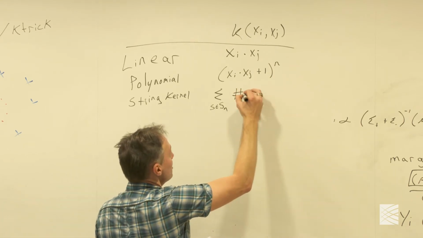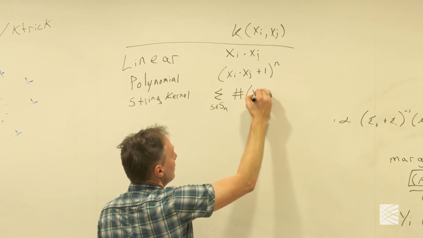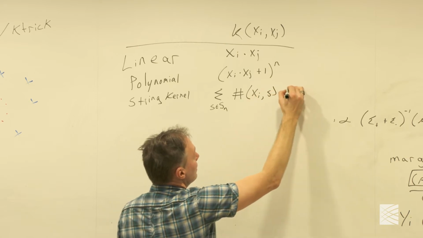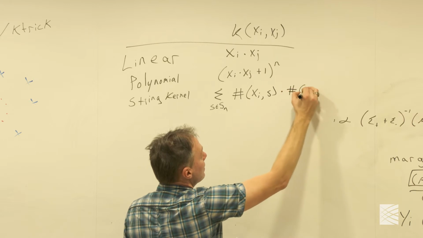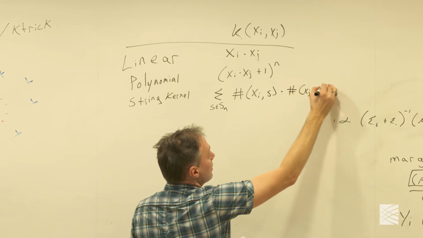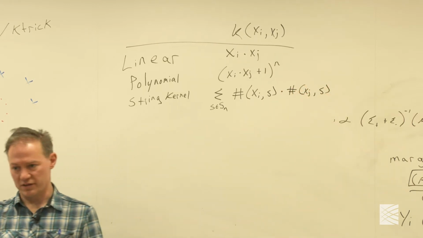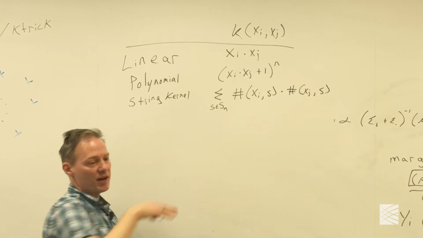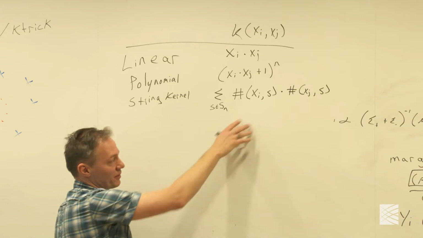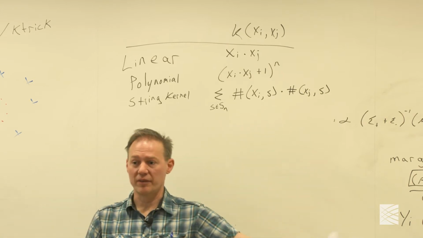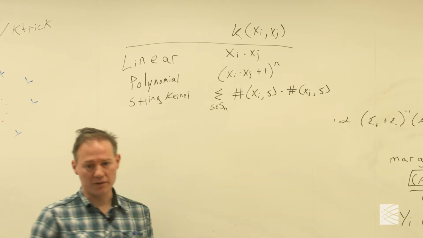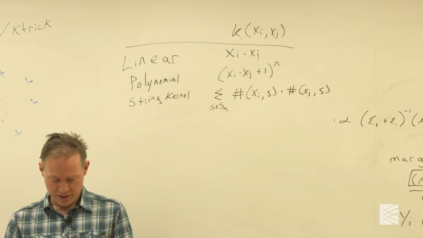I'm going to count each k-mer and see how much it occurs in the first string versus the other string, take their product, and then sum that up. This is the dot product over basically a vector of all the counts of every k-mer, but you don't need to compute that vector. You just compute the counts, iterating over the two strings.